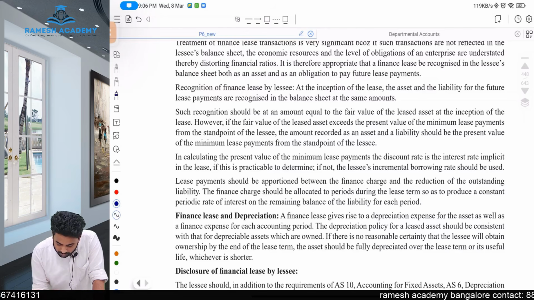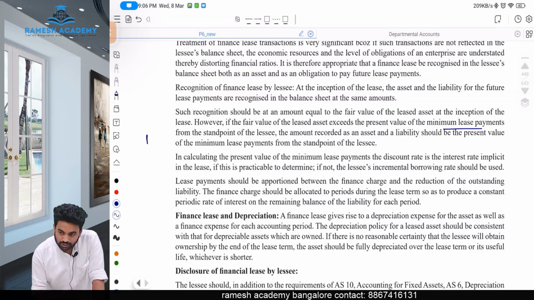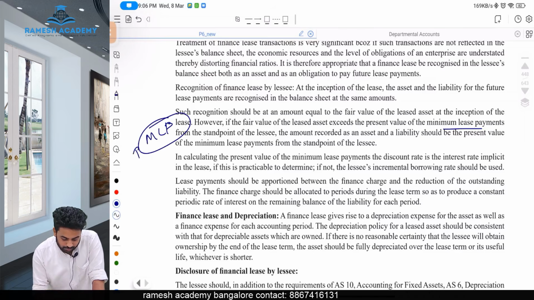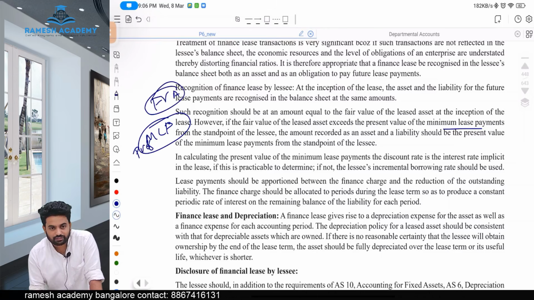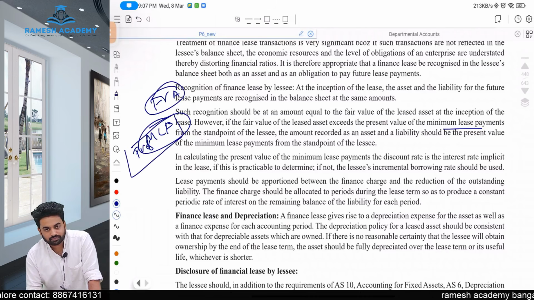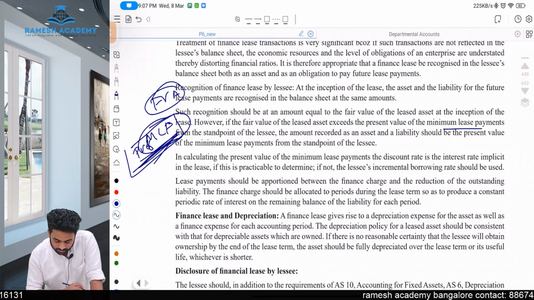However, if the fair value of a leased asset exceeds the present value of the MLP, because present value of MLP is your liability, then you have to consider present value of MLP as the value of the asset. So liability will be created at present value of MLP, asset will be created at present value of MLP.